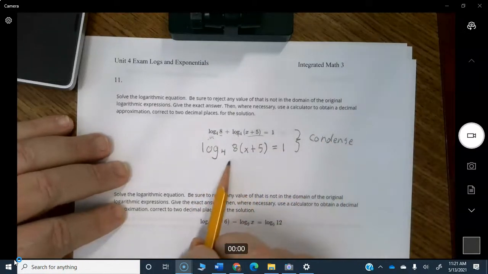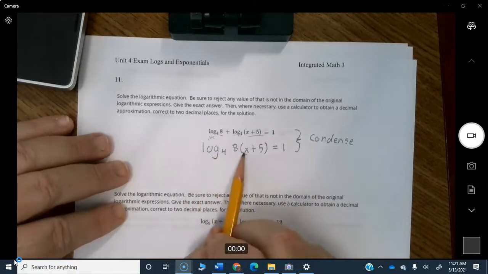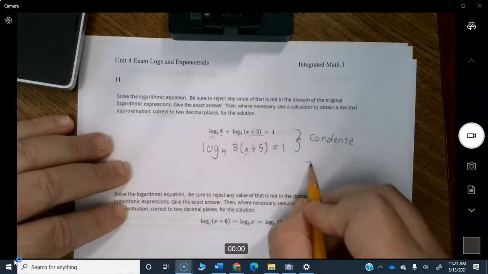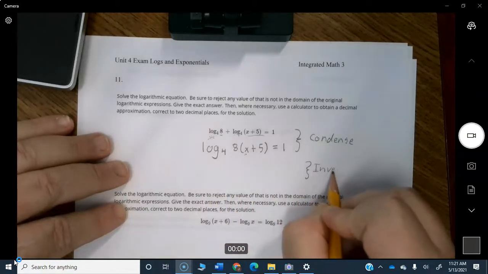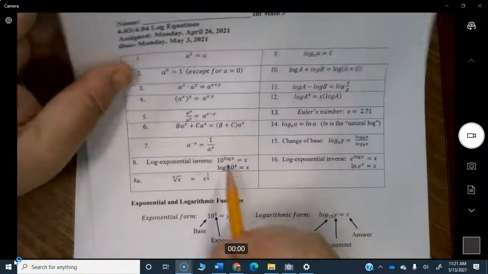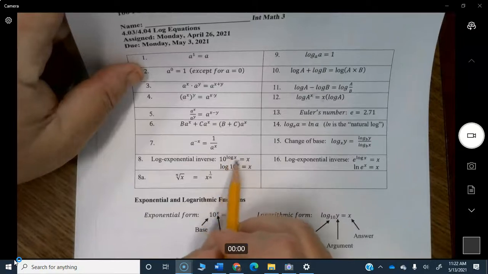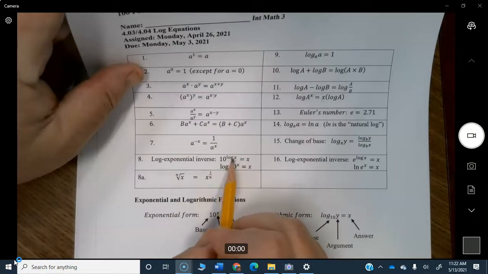Okay, the next thing you have to do is you got a variable stuck inside of a log right there, and we use the inverse for that. All right, so now we're going to come down here and do the inverse. Okay, what does that say? That says if you have a variable stuck inside of a log, if you take that log of that variable and make that the exponent of 10, like that, you'll get the variable out.